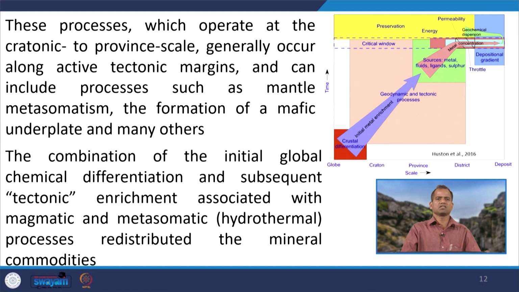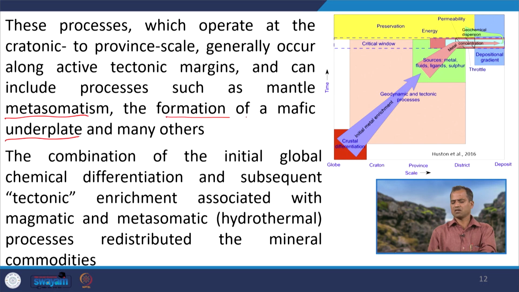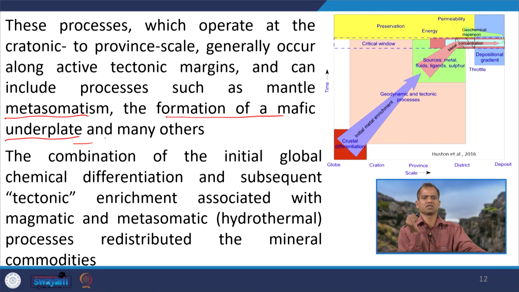These processes which operate at this cratonic to province scale generally occur along active tectonic margins and can include processes such as mantle metasomatism, the formation of mafic underplate and many others. So, these are the processes which are responsible for enrichment of these metals or minerals.